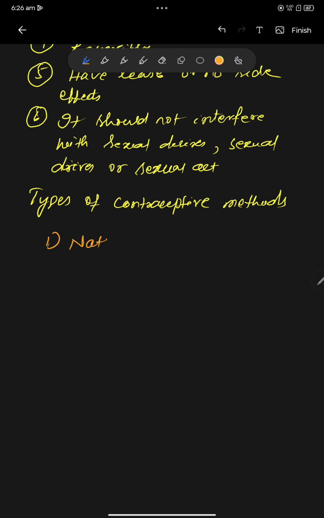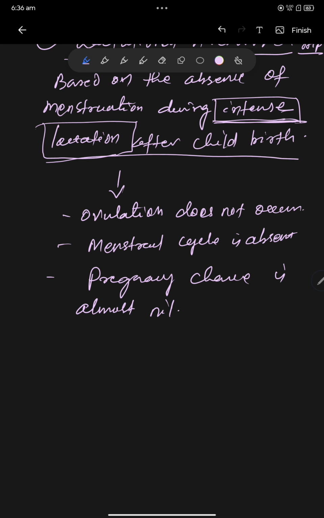Even then, ovulation may take place, the menstrual cycle may start, and that may lead to pregnancy. So the chance of failure is there. What is the effective period of intense lactation?